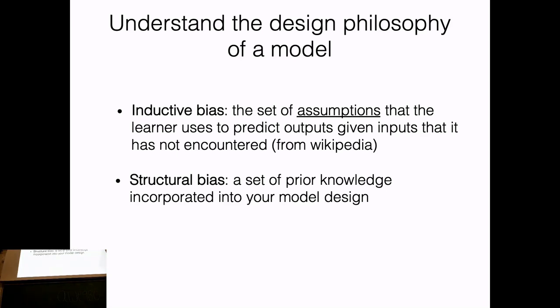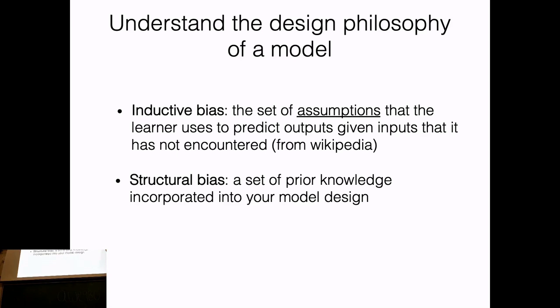The inductive bias, I think, is a very important concept in deep learning, or in the neural network field. It is a set of assumptions that we incorporate into our learning algorithm. So the keyword here is assumptions. You just apply some assumptions when you learn your models.